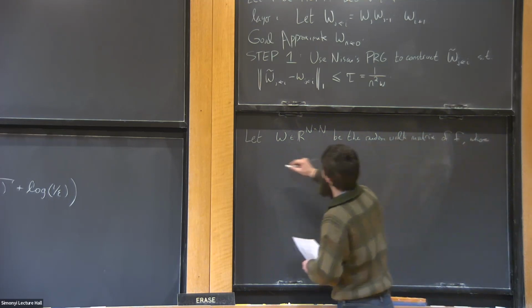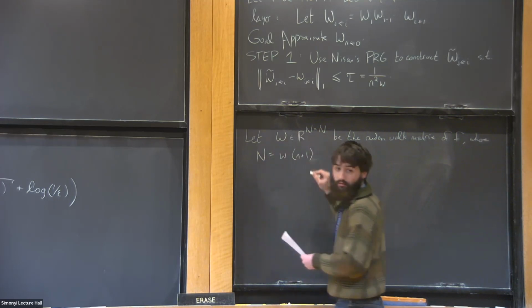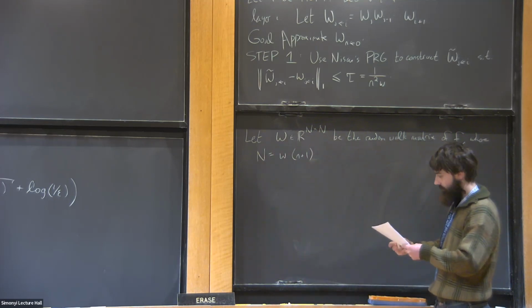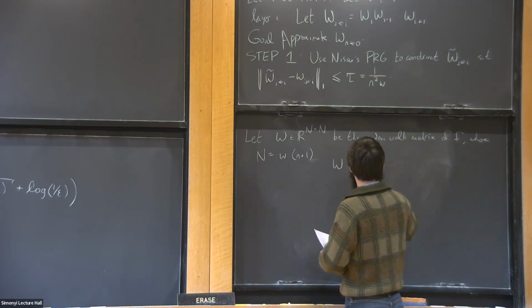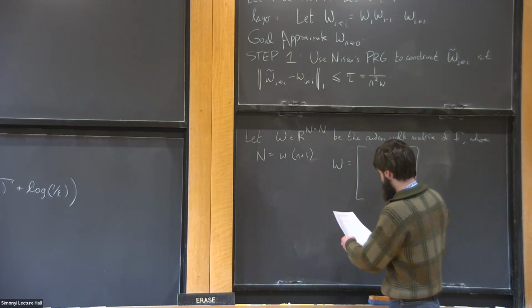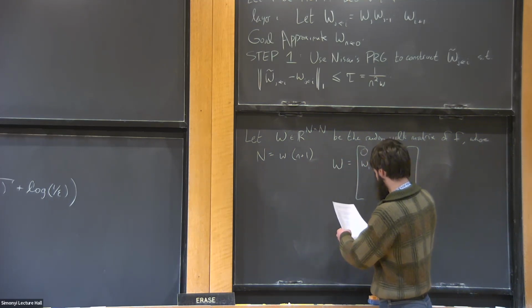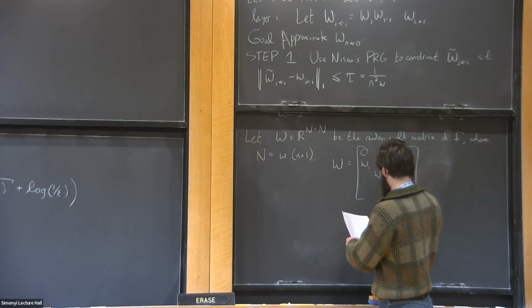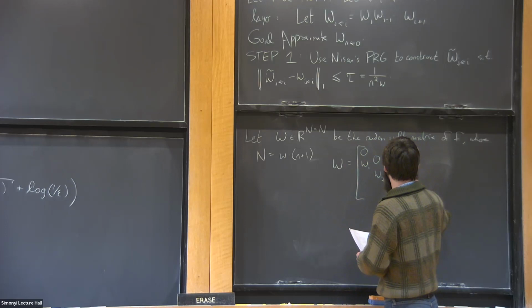So now capital N here is the total number of vertices. So W has all these matrices W1, W2 up to Wn just below the diagonal here.